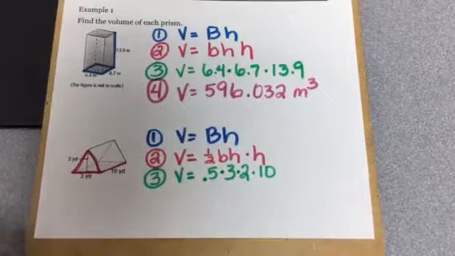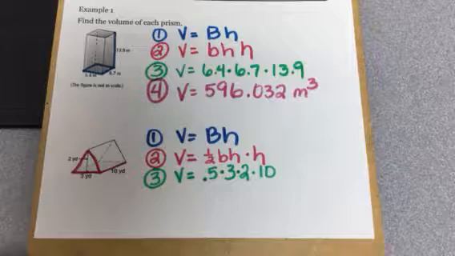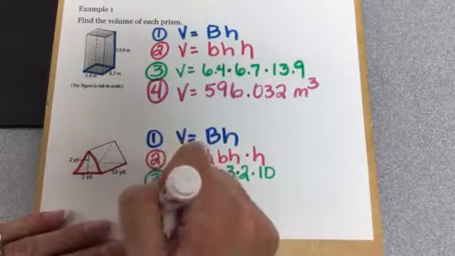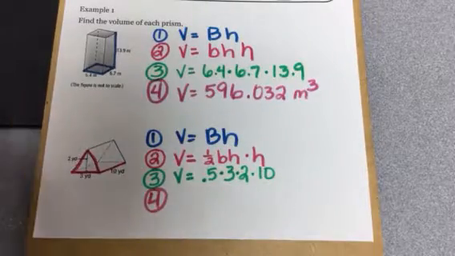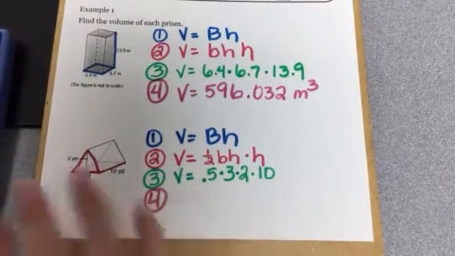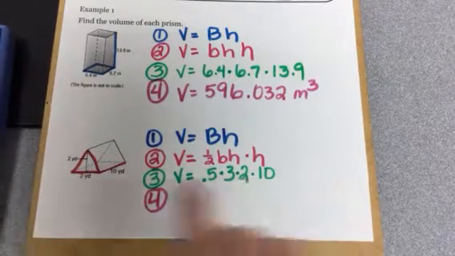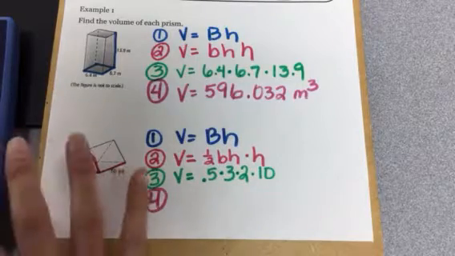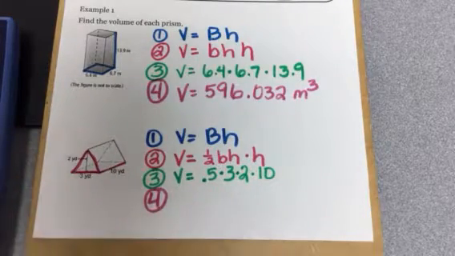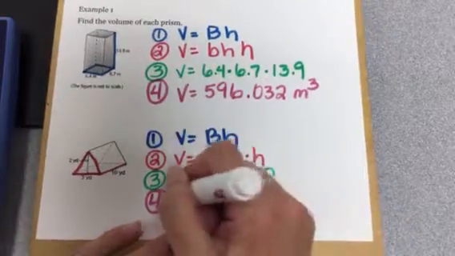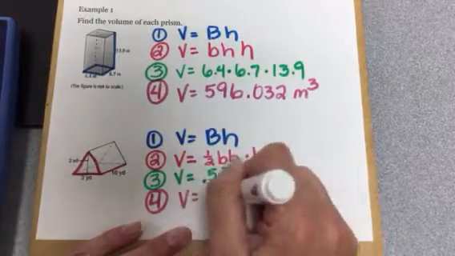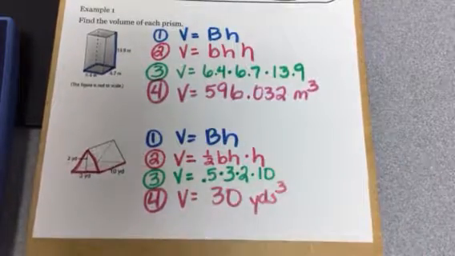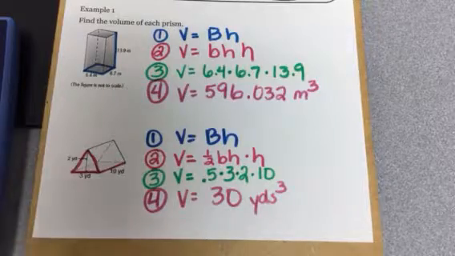So then step 4 just tells me that I need to calculate. So I'm going to multiply 0.5, and all of these are being multiplied together. So I have 0.5 times 3 times 2 times 10, and I come up with a volume of 30 yards cubed, because once again I have a 3-dimensional figure.